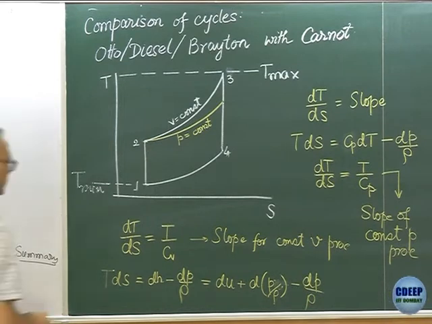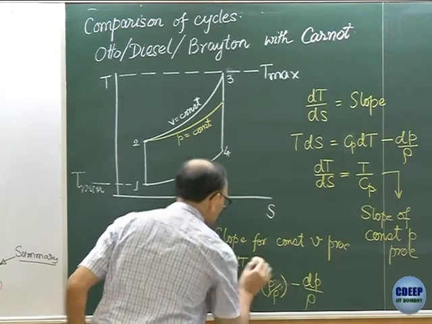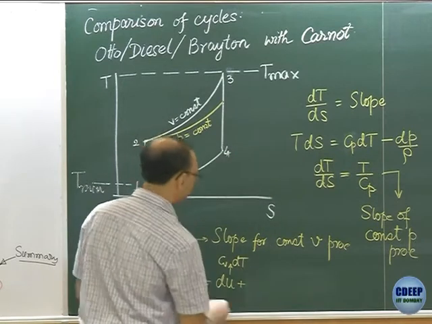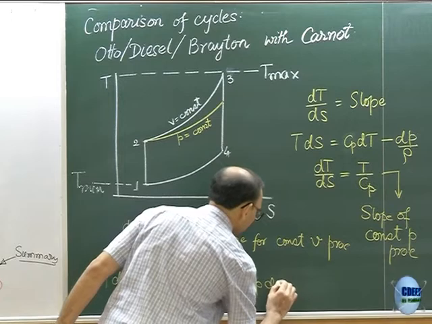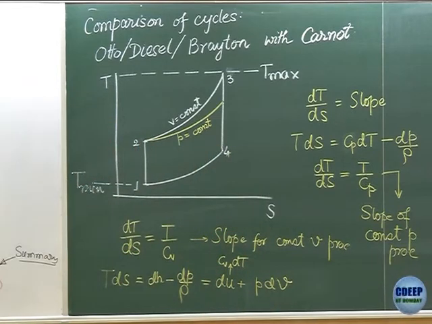And you can easily manipulate this to see that this is Cv times dT, internal energy dU, and this ideally should probably become P dV. V is 1 over rho. I'm sure some of you have memorized this also, it's not that difficult, but this is it.